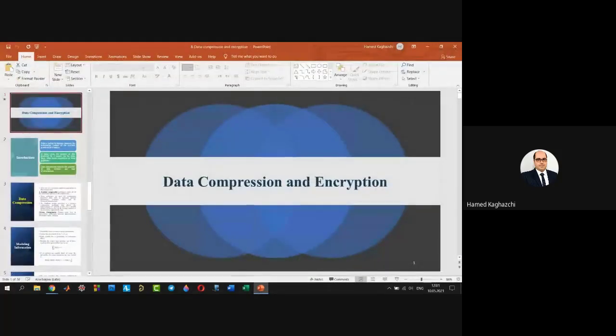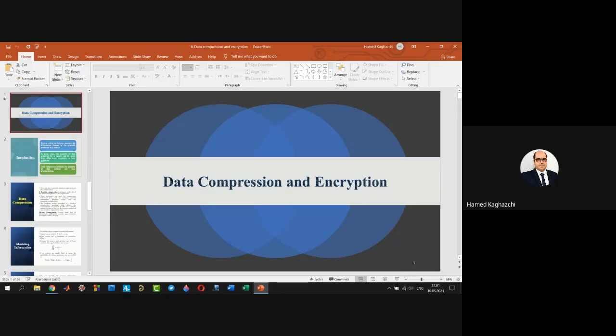Today, I would like to talk about data compression and encryption. We said that for transmitting data, because the size of some data files is so large, we need to compress them, and also because of security issues, especially in wireless environments, we need to encrypt the data.